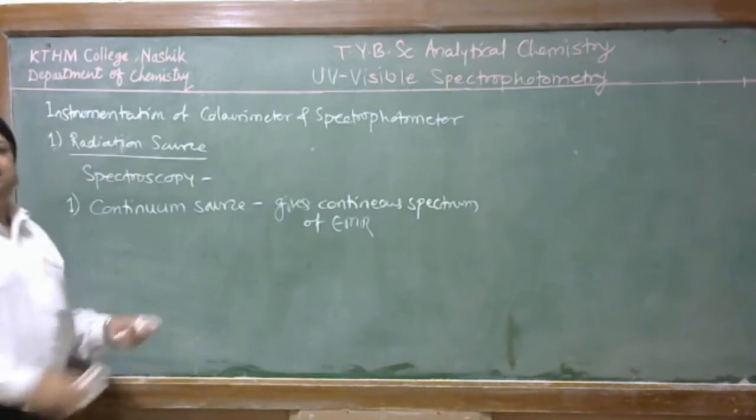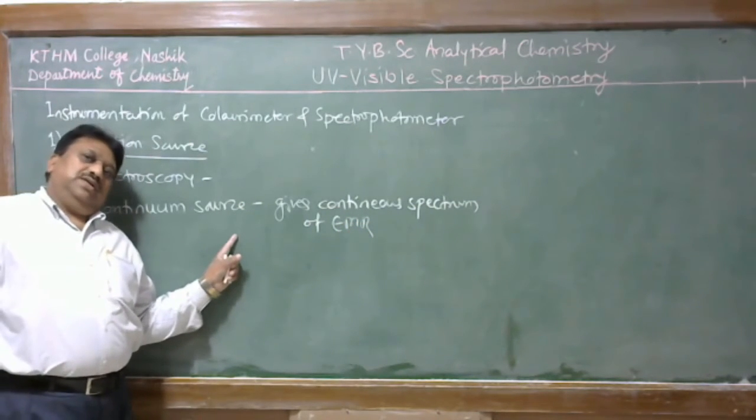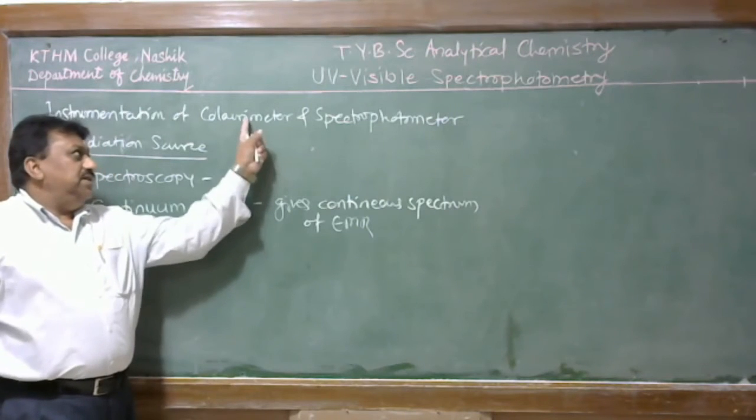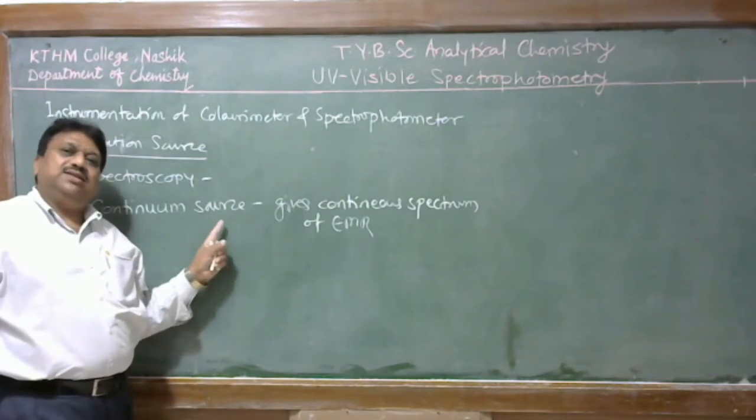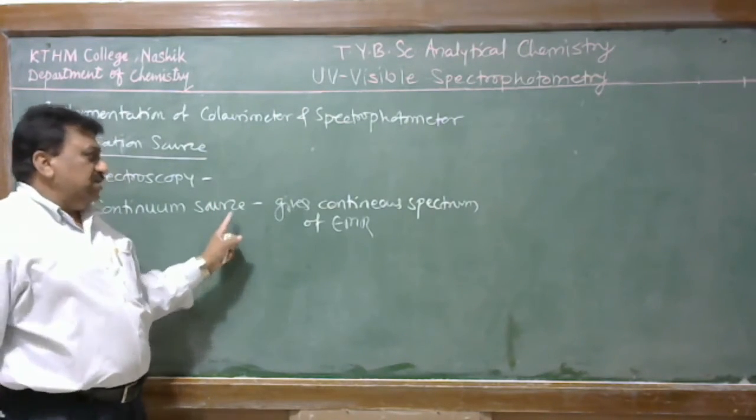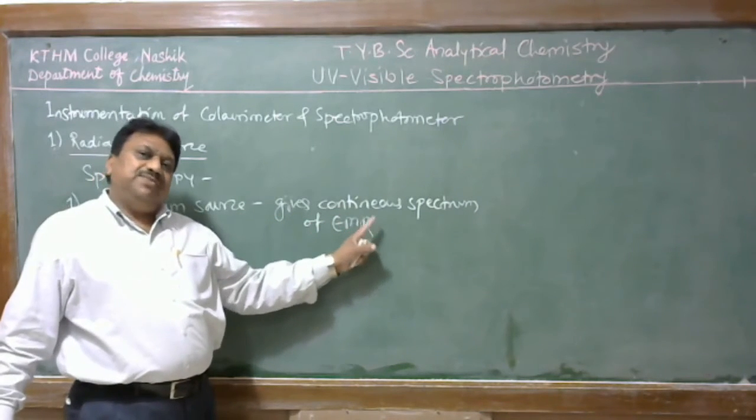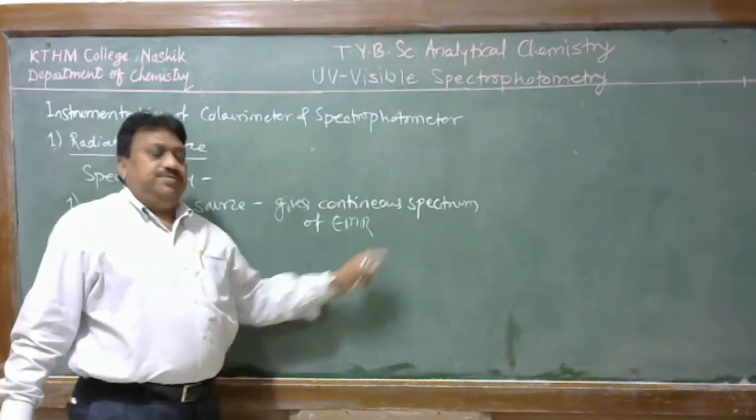That source is called a continuum source. A source which is used in a colorimeter or spectrophotometer is a continuum source. Tungsten lamp and deuterium lamp are continuum sources.